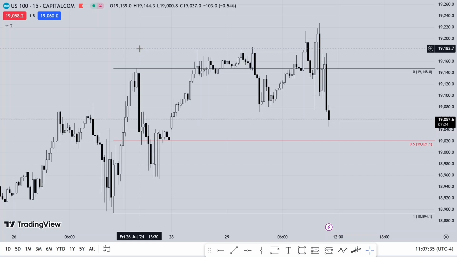So when I'm speaking on premium, you can still reverse that logic to understand discount. And when we are talking about discount, you can still reverse that logic to understand premium, while equilibrium is fair value in price.